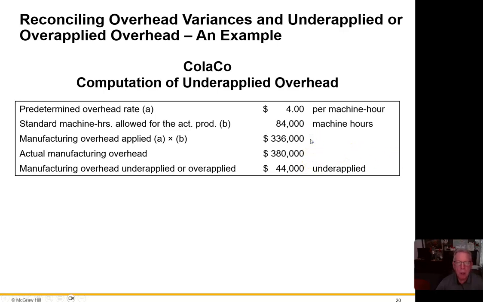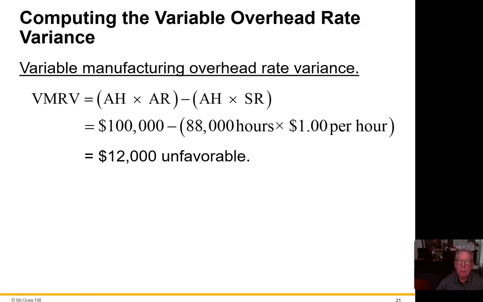as actual was greater than what we applied. Okay, so now if I look at this from an equation standpoint, my variable manufacturing rate variance is going to be equal to my actual hours times my actual rate minus the actual hours times the standard rate. I think I said that right.